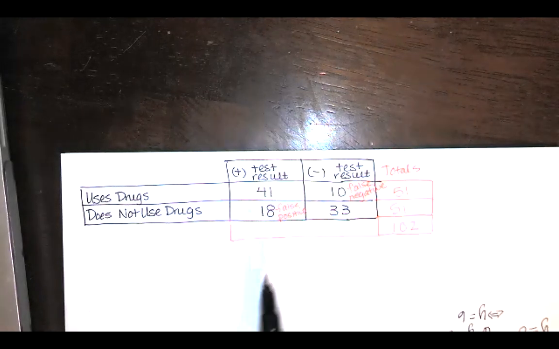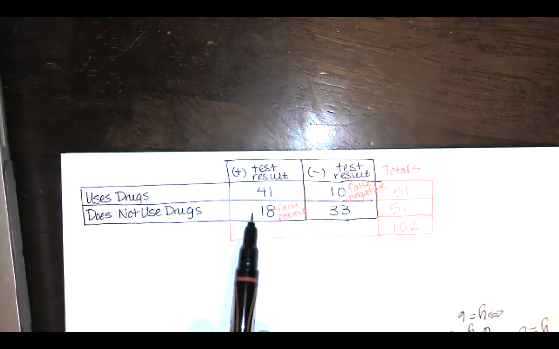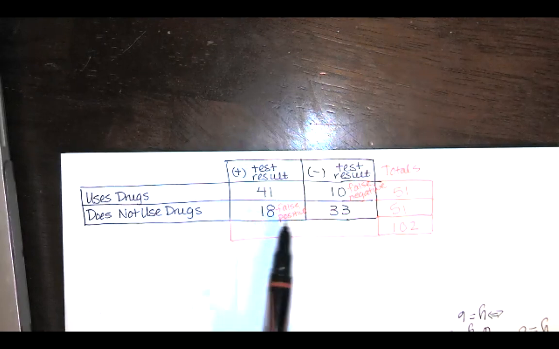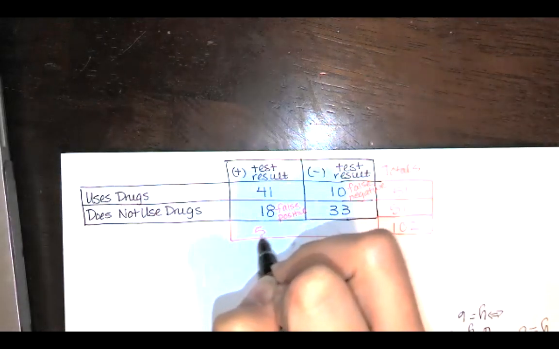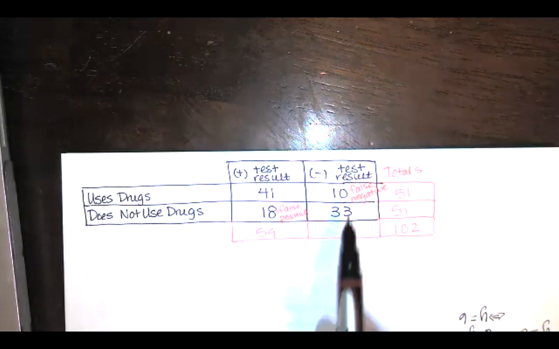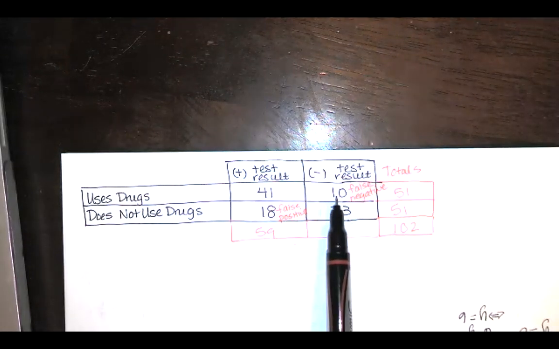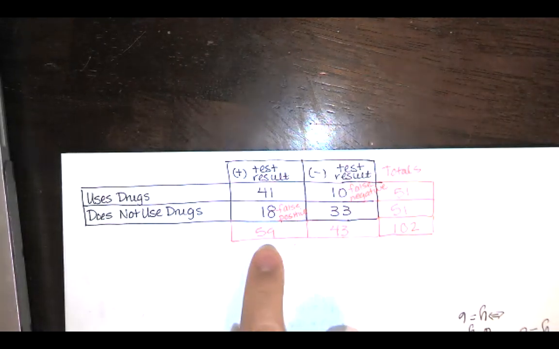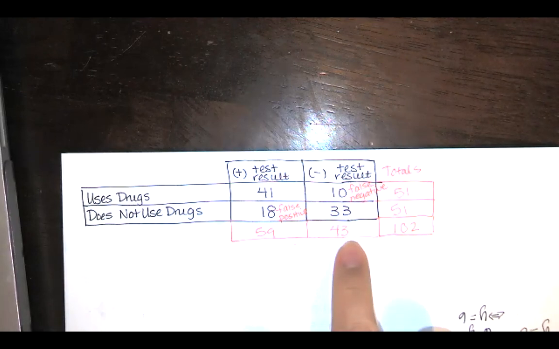To figure out how many positive test results I have, I add these positive test results together. It looks like we've got 59 of them. And then to get the negative test results, I add these 10 to these 33, and I get 43 of those. So I had 59 positive test results and 43 negative test results.